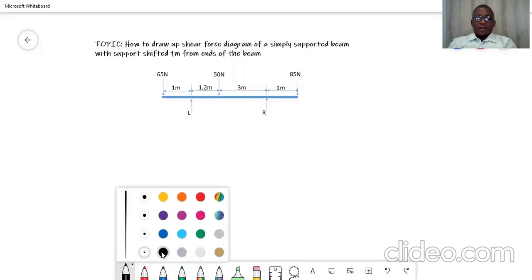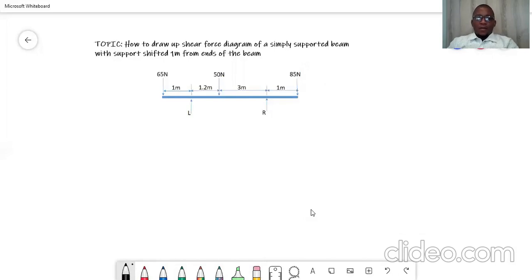Right. Now, the magnitude of L that was calculated in my previous video was 95.95 newtons, and that of R was 104.047 newtons.